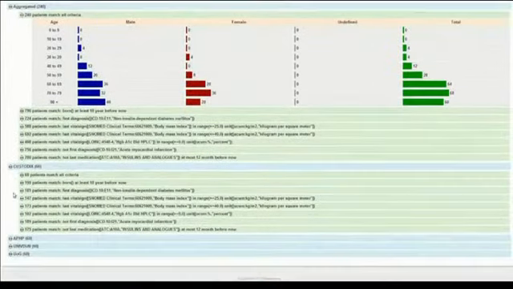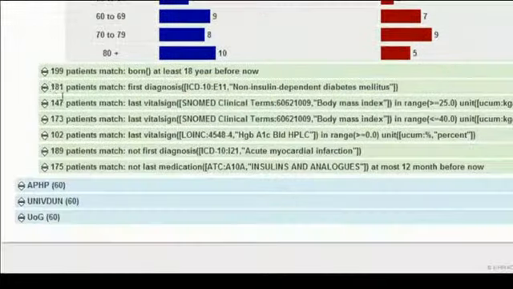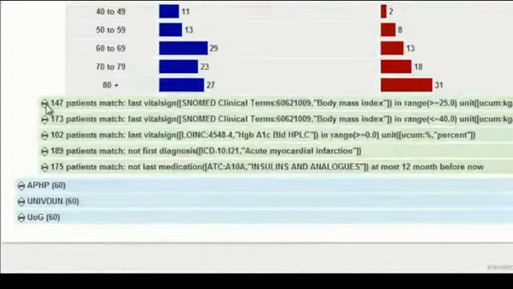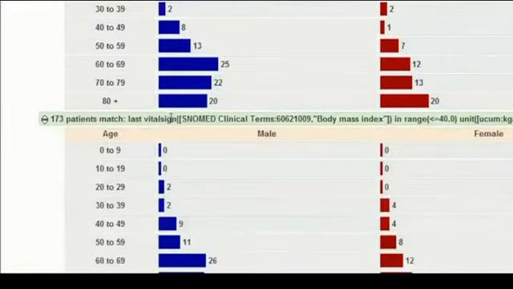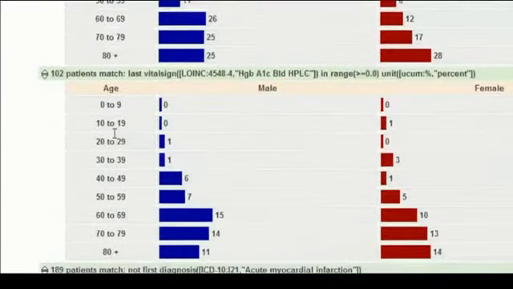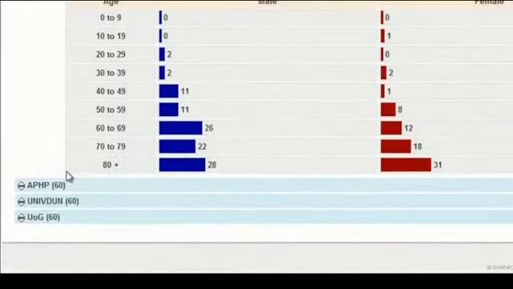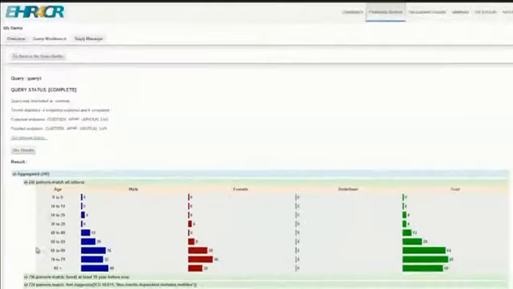And for each of the criteria I have specified in my query, I'll see a breakdown according to age and gender categories, showing me how each of the individual criteria is influencing the number of patients that match. So I'll be seeing for each of these criteria in isolation what the effect is, as well as the global effect, by returning me the combined results of all criteria taken into consideration at the same time.